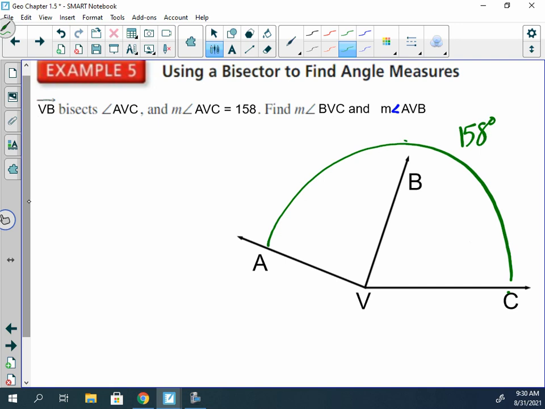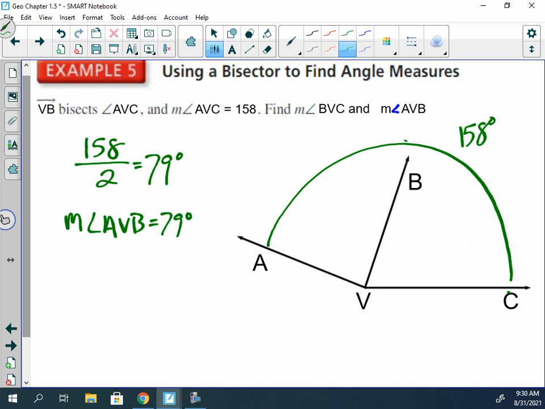So what can I do? And what do I get? So the measure of angle AVB is going to be? How about the measure of angle BVC?